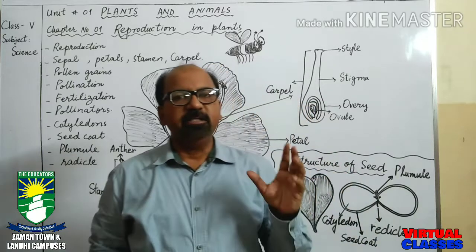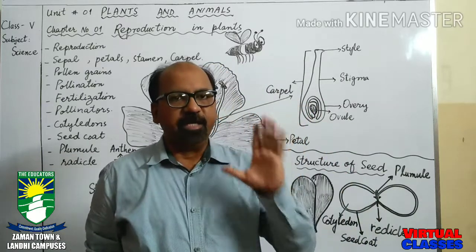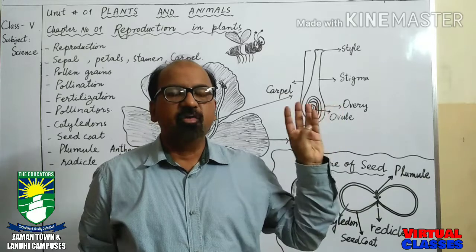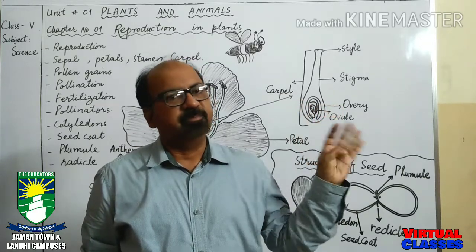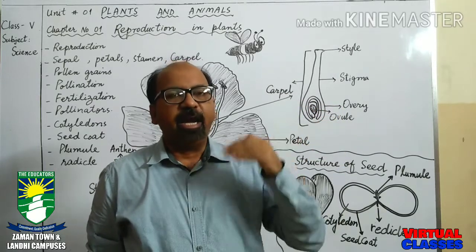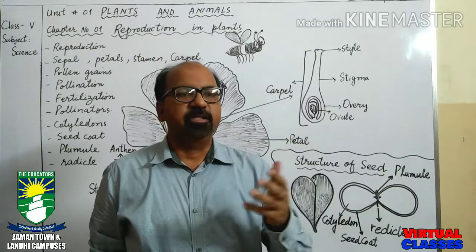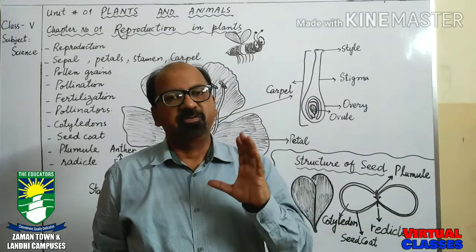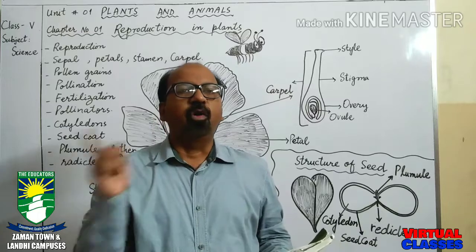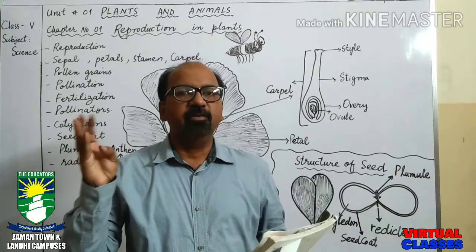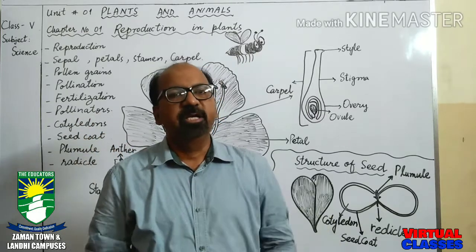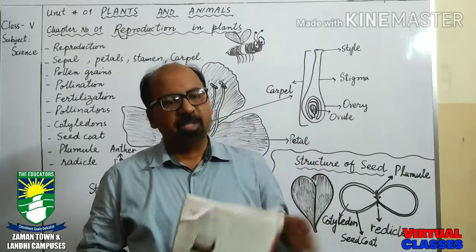It means around us, there are three kinds of things: living things, non-living things, and microorganisms, which we cannot see with the naked eye, and we see these microorganisms with the help of a microscope. So the study of all these things, living, non-living, and microorganisms, is called science.